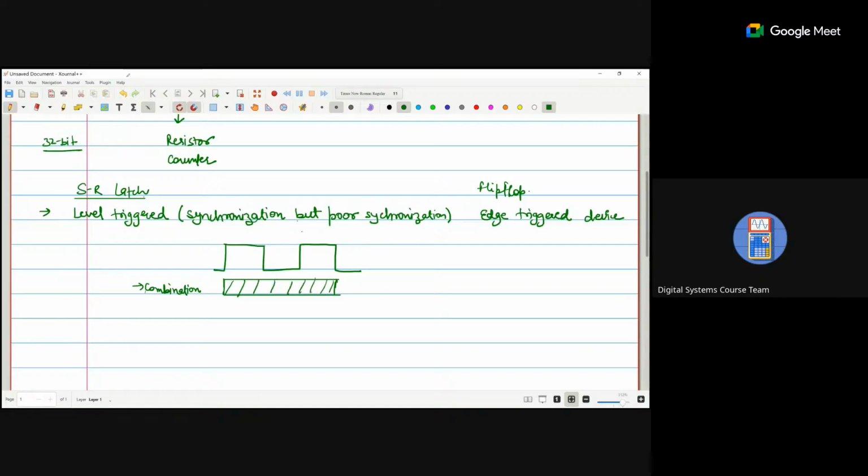Now with the latch, if I take the positive level latch, it will perform the operation in this duration and in this duration. It is better than the combinational circuit, because the combinational circuit performs anywhere, and the latch performs in this duration. If we take a negative latch, it will perform in the other duration.